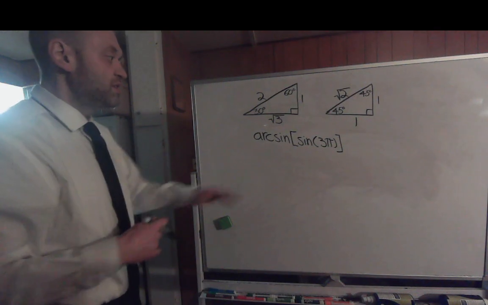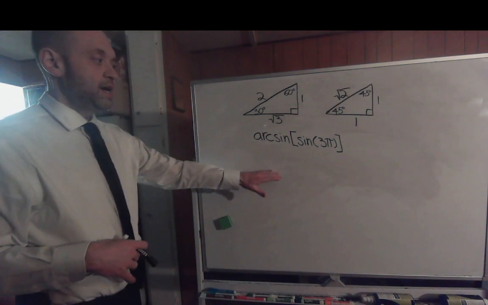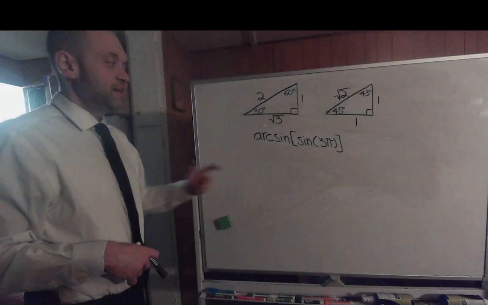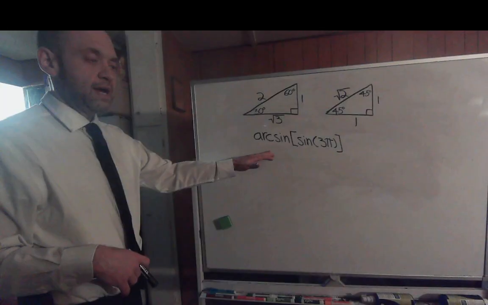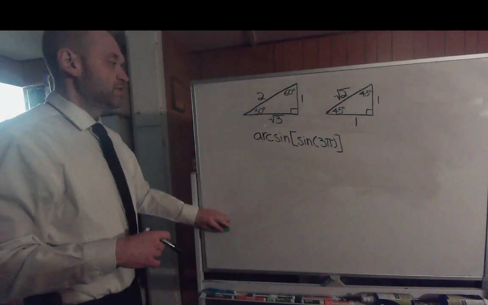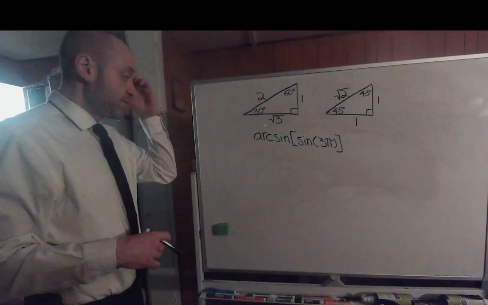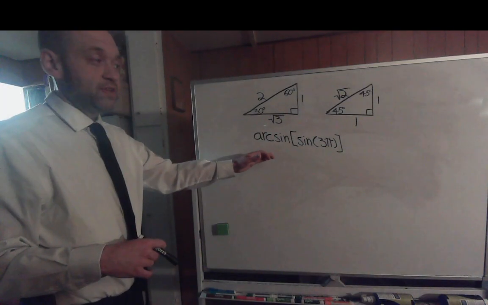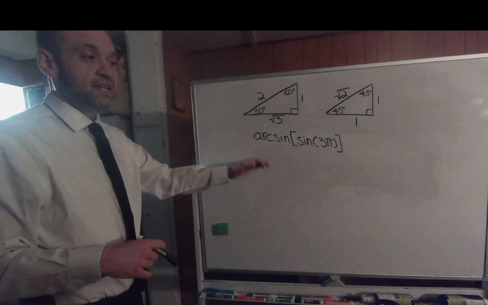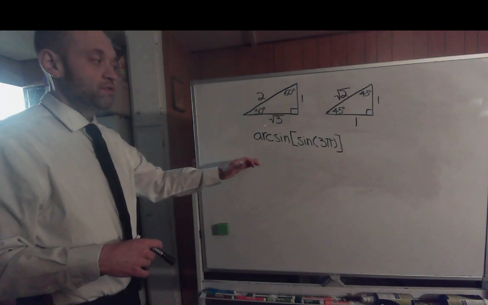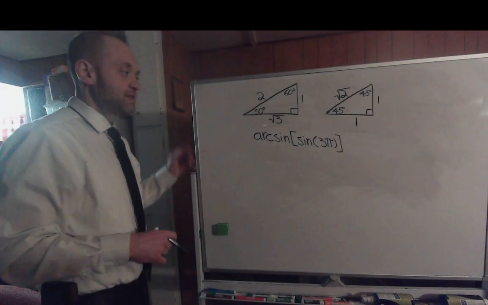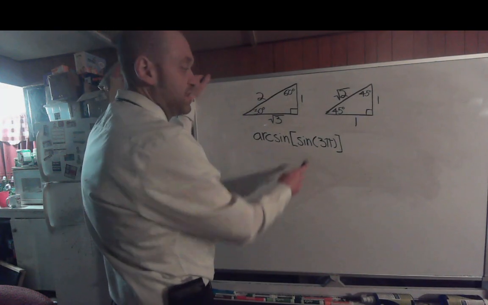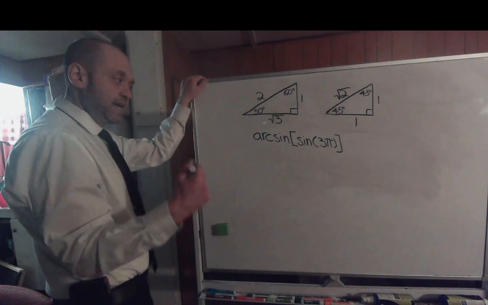If you go to take the composition, it would look like you're just going to get 3 pi. However, here's the thing. 3 pi is not within the domain of the arc sine, is it? Arc sine is -pi/2 to pi/2. If you're in a situation like this, you might think you can't solve this, but you can.